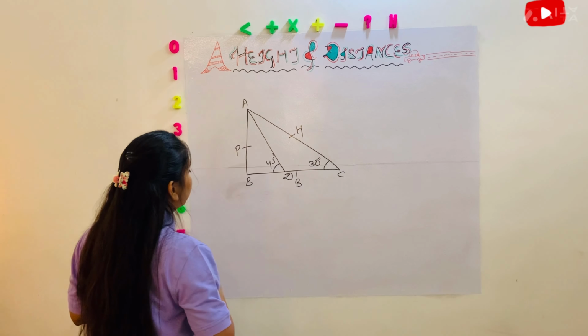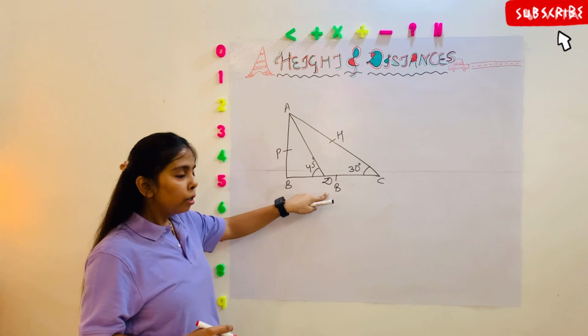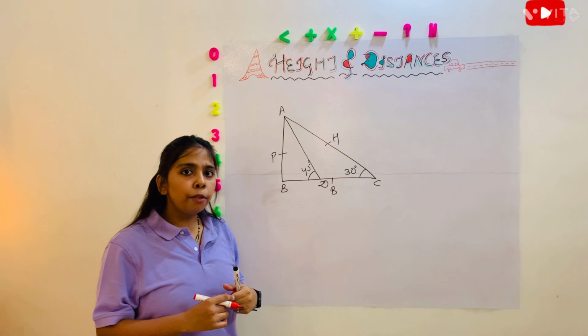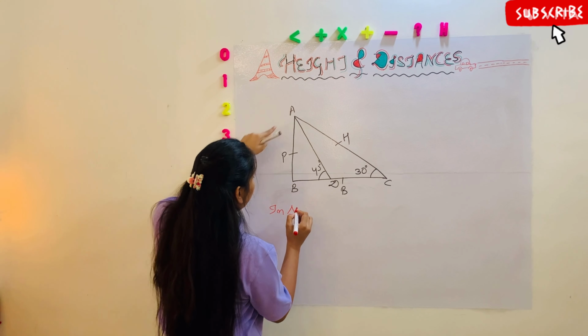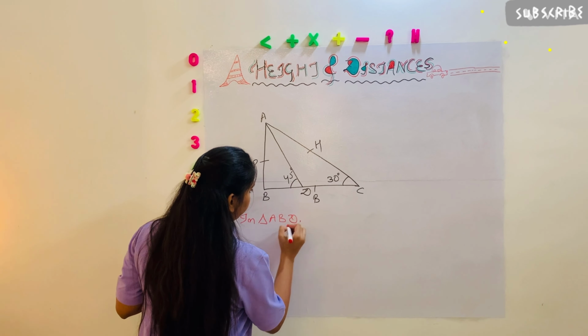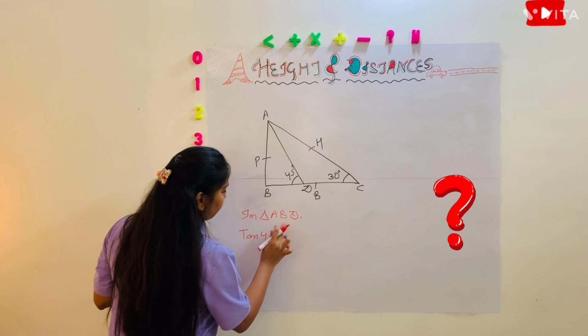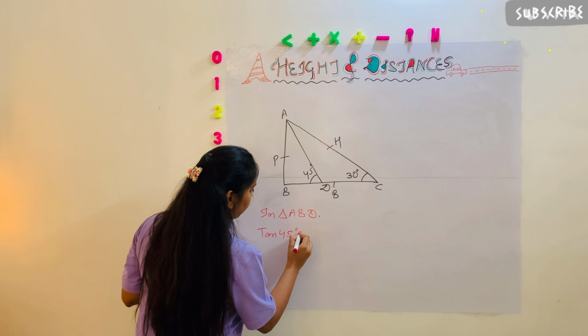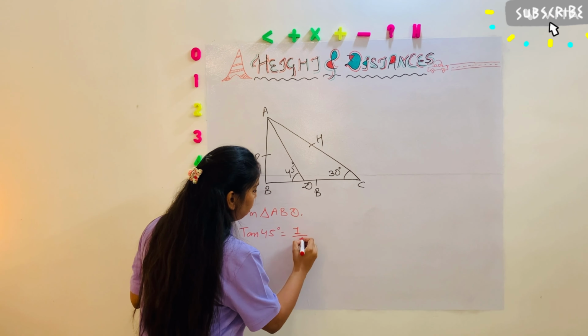Okay? So first we will see the triangle ABD. We have to find out the value of tan 45 degree in triangle A, B and D. And we all know that the value of tan 45 degree is 1 by 1.